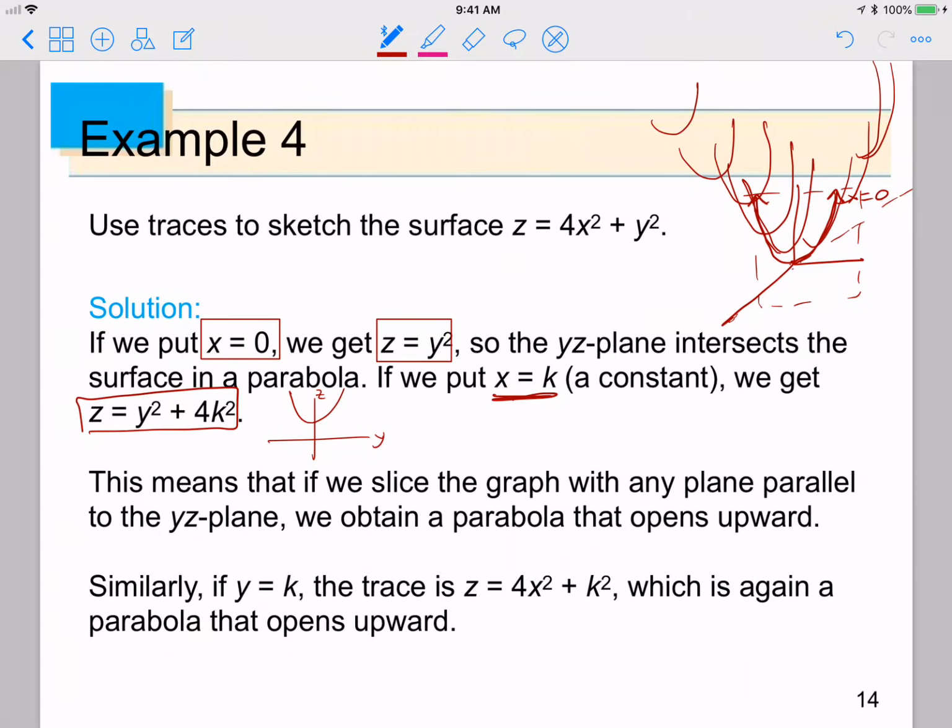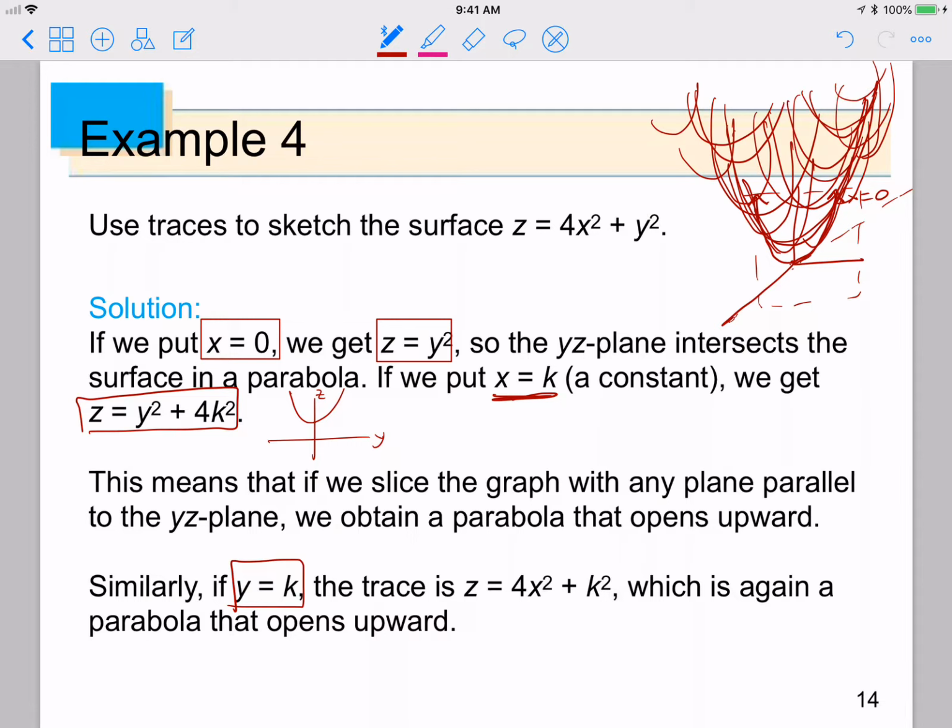We similarly do that same type of analysis with traces in the horizontal plane parallel to the xz plane. If y equals k, we get other parabolas. So in our picture, we would have parabolas facing another way.